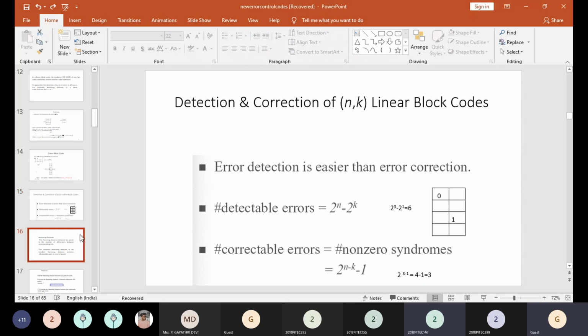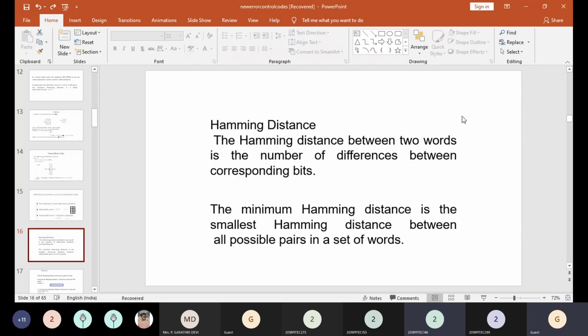The next thing you need to be aware of is the Hamming distance. The Hamming distance between two words is the number of differences between the corresponding bits. Hamming distance and Hamming weight are parameters related to code words.